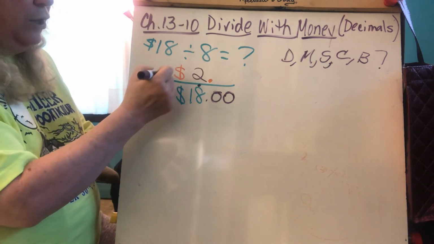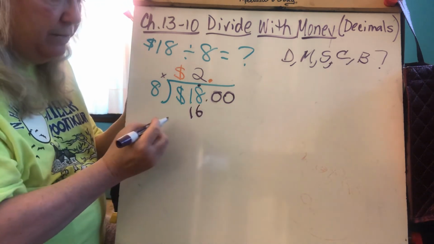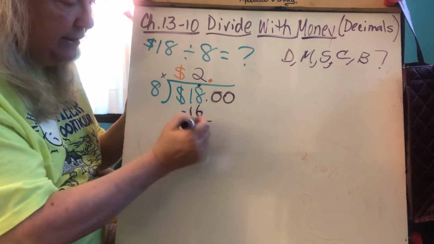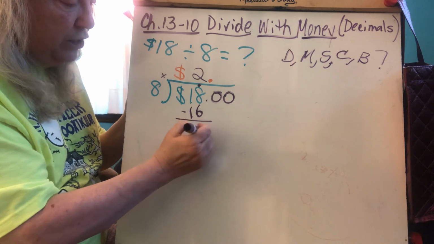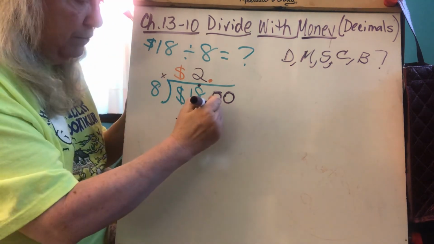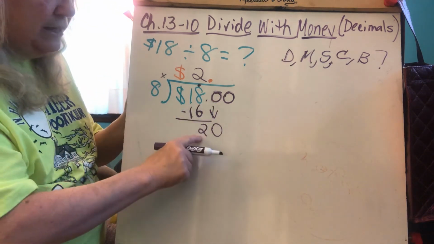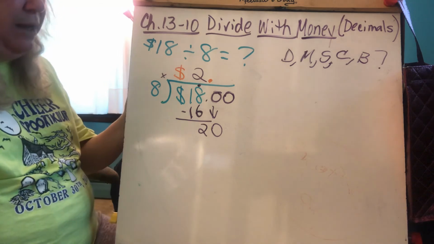Multiply. 2 times 8 is 16, making sure I line up my numbers correctly. Subtract. 18 minus 16 is 2. Compare. 2 is smaller than 8, so I'm good. So I can bring down my 0. 8 goes into 20 about how many times?